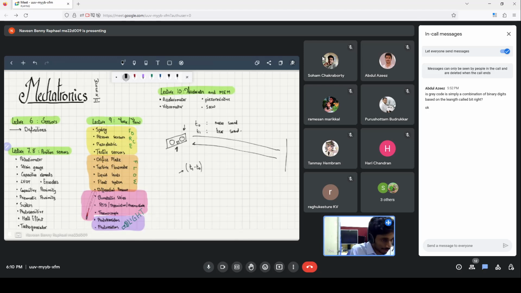Because we know the speed of sound, we can say that the distance that the sound wave traveled is c multiplied by so and so. And if we divide this by 2, we'll get the distance between the sound sensor and the wall.